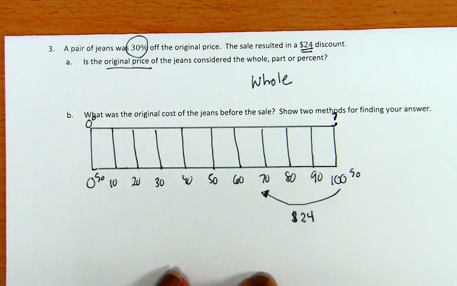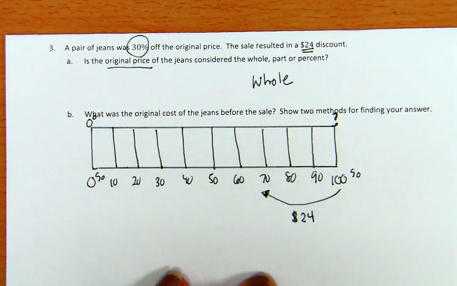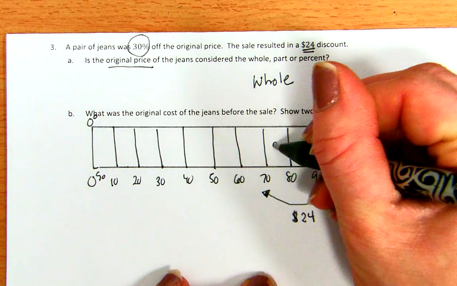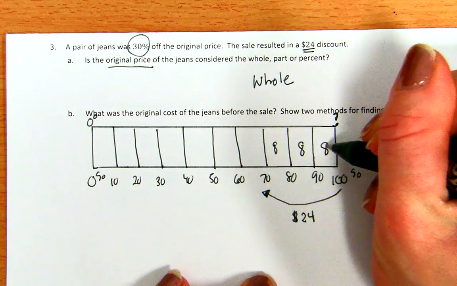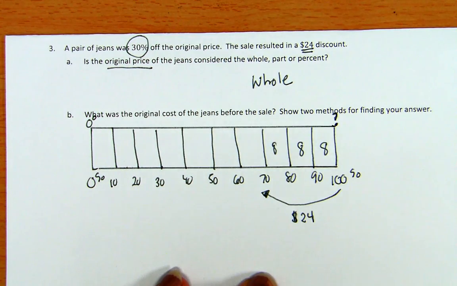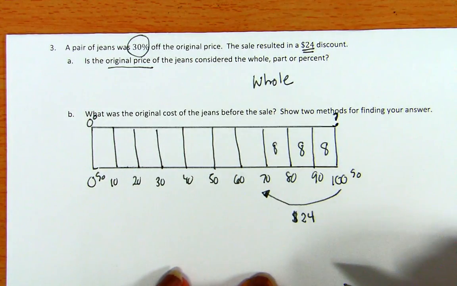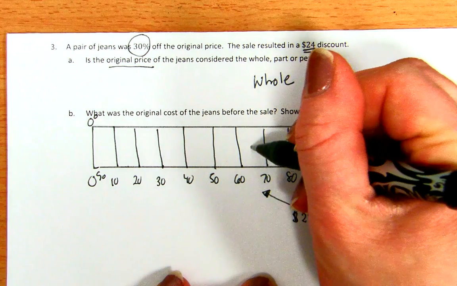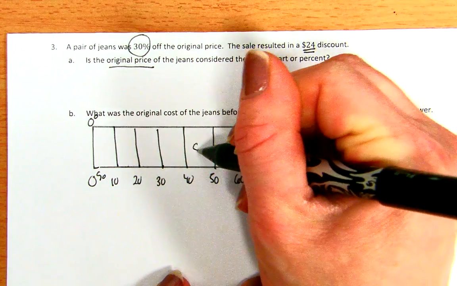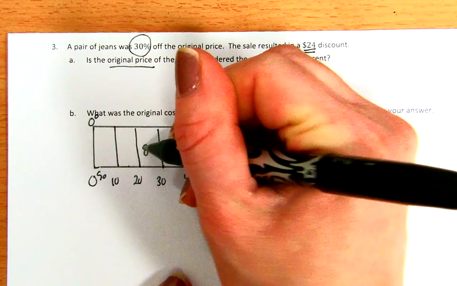And I've got 1, 2, 3 sections that cover that $24. So each section is representative of $8, right? 24 split into 3 would be $8. Okay. So I now know, it's kind of like our tape diagrams, I know if one box is 8, every single one of these boxes is 8. Okay.